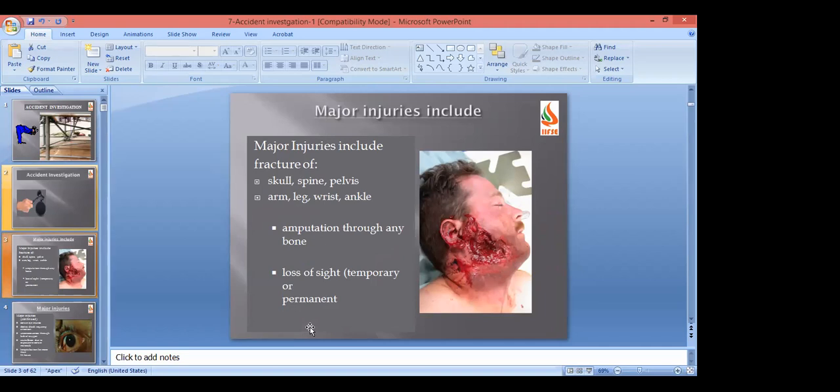It will be called a reportable incident. If it is non-reportable, within 48 hours he has reported for duty, which means he is able to attend duty. That talks about the severity of the incident.